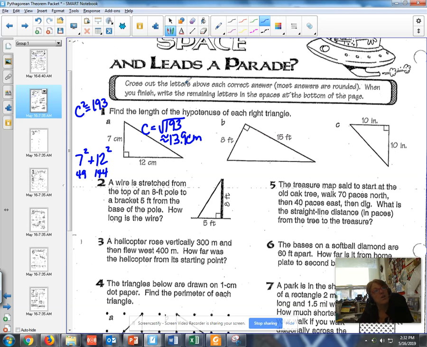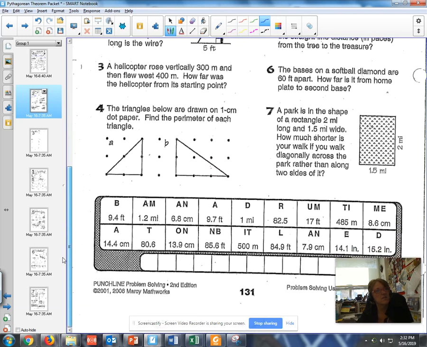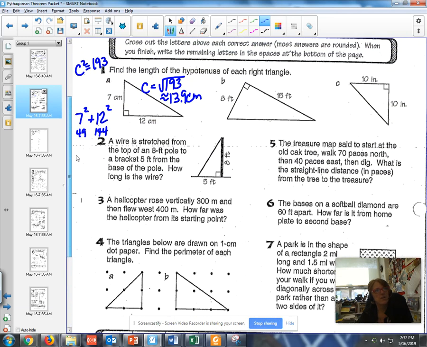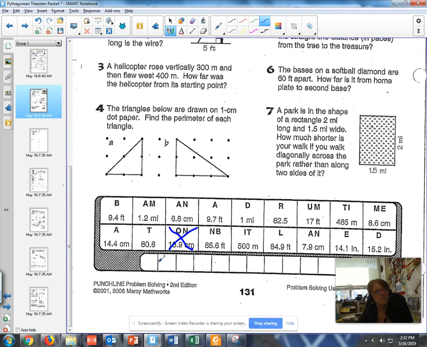The directions say cross out the letters above each correct answer. So I'm looking down here for 13.9 centimeters. Oh, there it is. We're crossing that out. When you get done with all of these questions, what's left, put in the boxes to answer this riddle. Have some fun, get your calculator, and as always, may the force be with you.